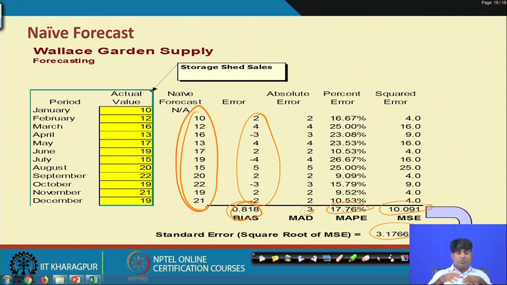Then the best model you can choose from these 2 is on the basis of these criteria: the mean error, mean square error, root mean square error, mean absolute deviation, and mean absolute percentage error.